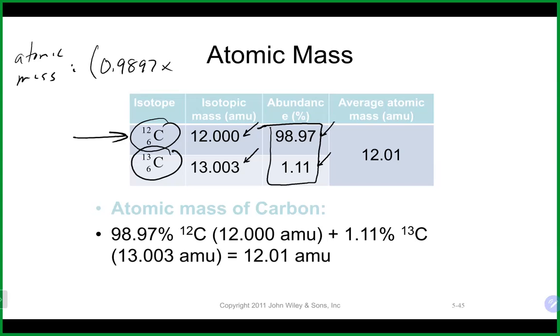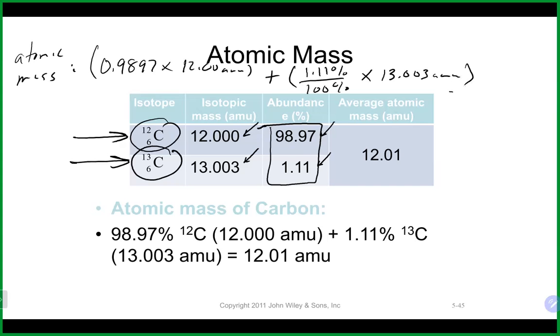You could times it by the atomic mass of that first isotope. You then again would add it to our second isotope, which is the carbon-13 isotope. And again, at this point, you can do one of two things. You could take the 1.11%, divide it by 100%, and it will move the decimal place for you if you like to do it that way. And you're going to times it by the atomic mass there of our carbon-13.